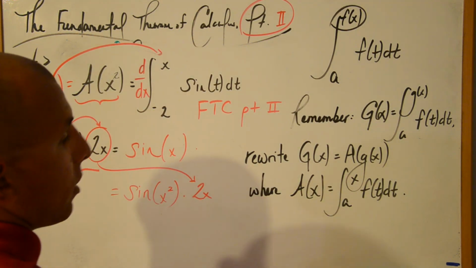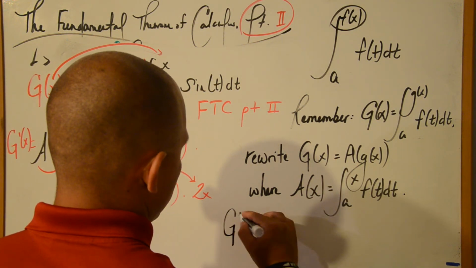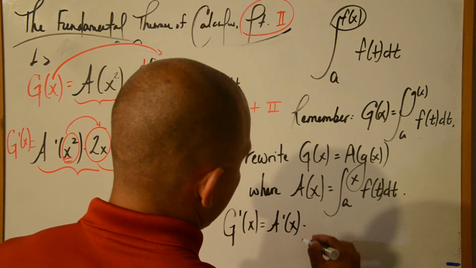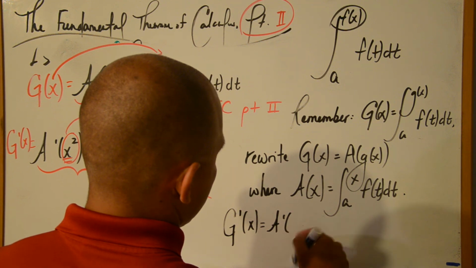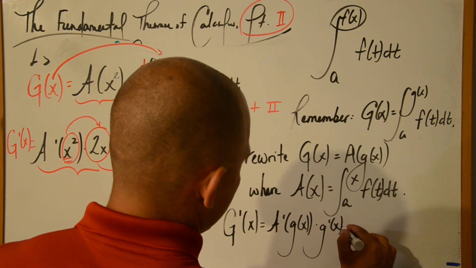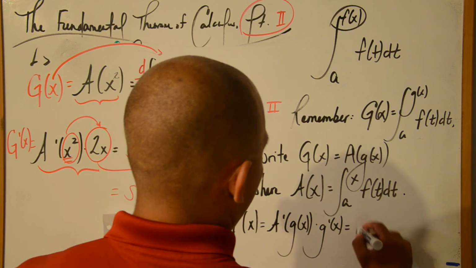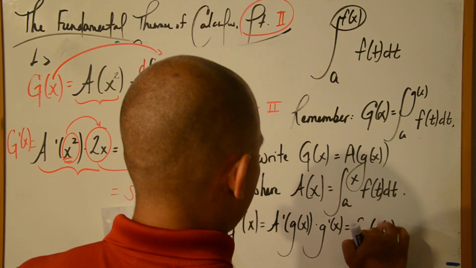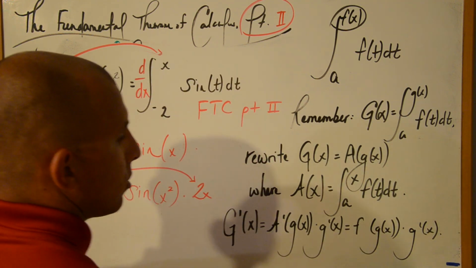So when we go to apply the chain rule now on this piece, g prime of x is equal to A prime of g of x times the derivative of the inner function, which is equal to f of g of x times the derivative of the inner function, right?